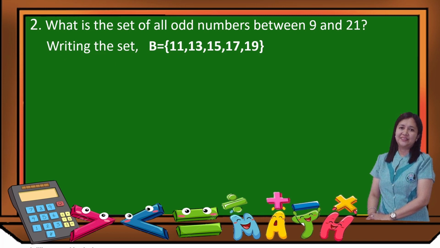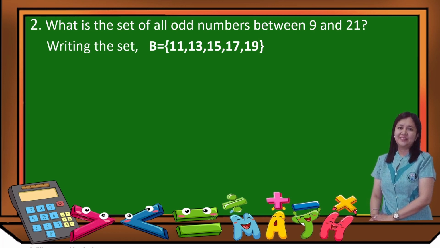So writing the set B is equal to 11, 13, 15, 17, and 19. Because there is a restriction that the numbers must be between 9 and 21.